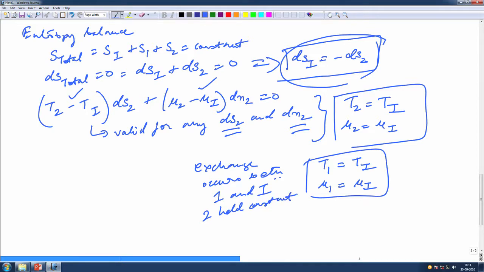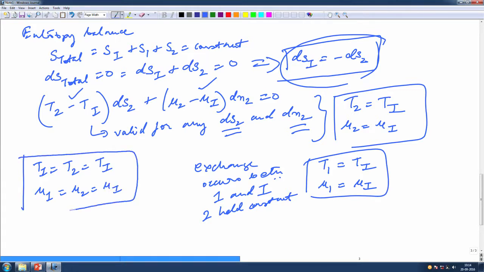So, explicitly, T1 is equal to T2 equal to Ti, and mu 1 is equal to mu 2 equal to mu i. So, this is the key expression for that interface.